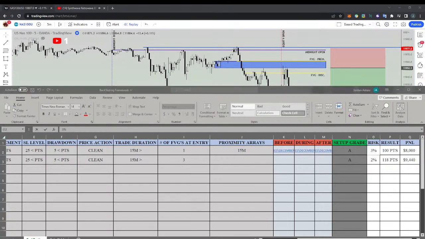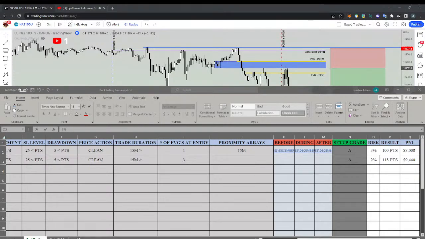So we do some quick math here. Let me pull up my calculator. Sorry for the clicking. I'll get that fixed. Okay, so here's how you calculate. You start with your risk amount in dollars. So 3% of a $100,000 account is 3,000. And then you're going to divide by the stop loss that you set, which is 25 points.